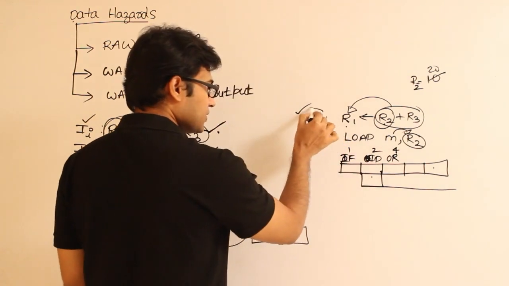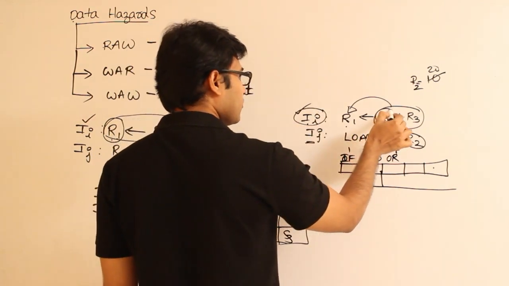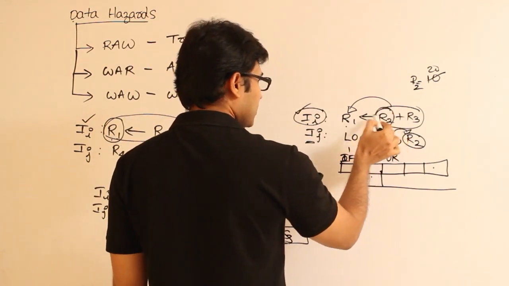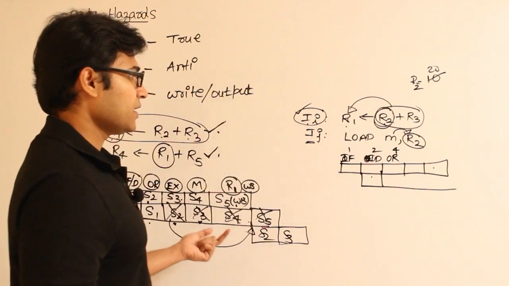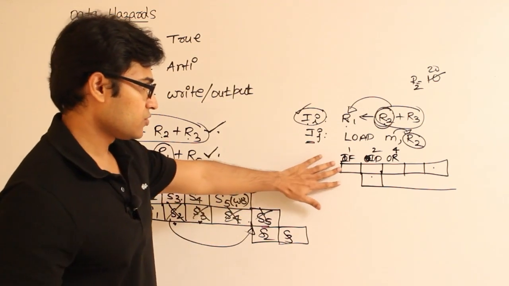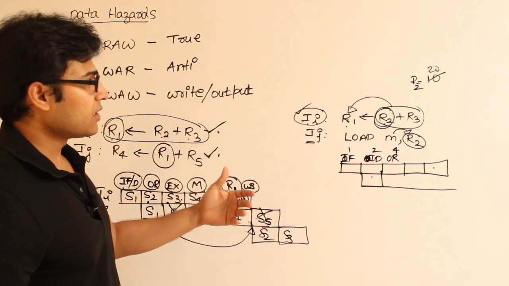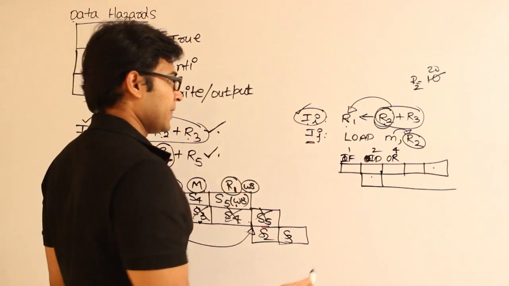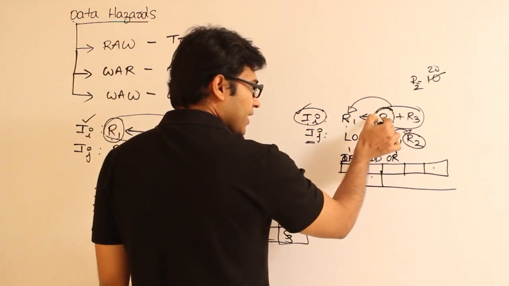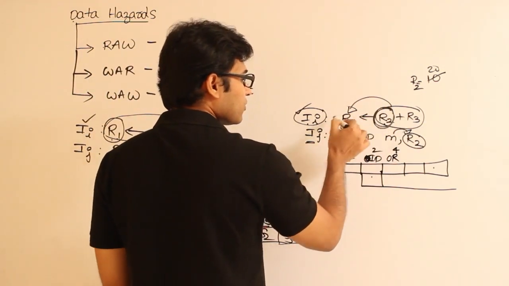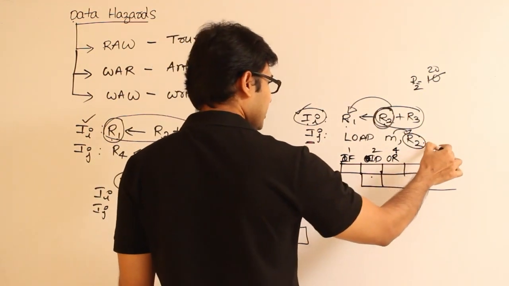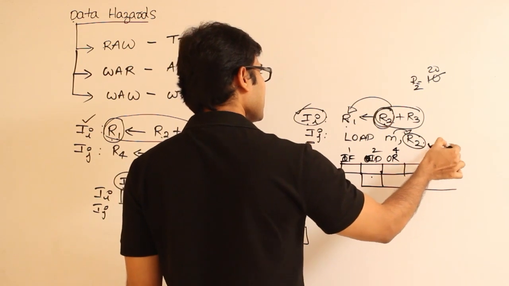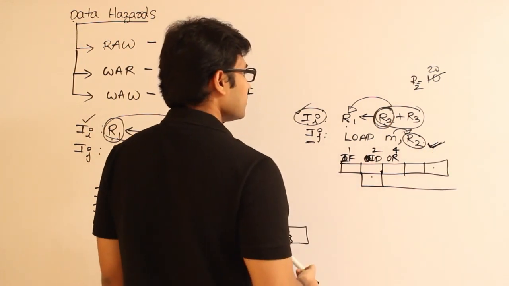But then this instruction needs the value of R2 as 10, then only it will be right. But because of the pipelining and the way the pipeline is constructed, I am not able to show it clearly here, but assume that it is constructed in such a way that even before this particular value is read for this execution, the value is updated.